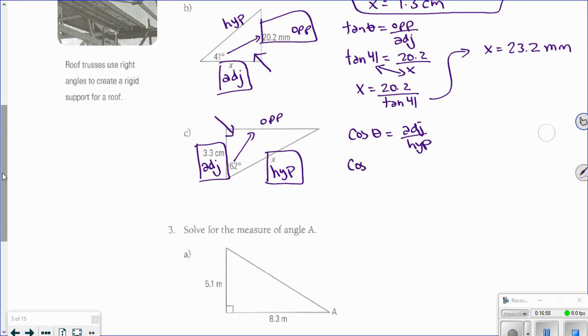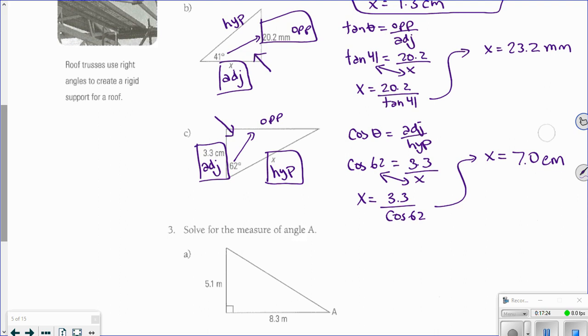Fill in what we know, so 62 degrees, adjacent is 3.3, hypotenuse is our x. X on the bottom, so we swap. X equals 3.3 divided by cos of 62, which means our x equals 7.0 centimeters. Centimeters in the question, centimeters in the answer.